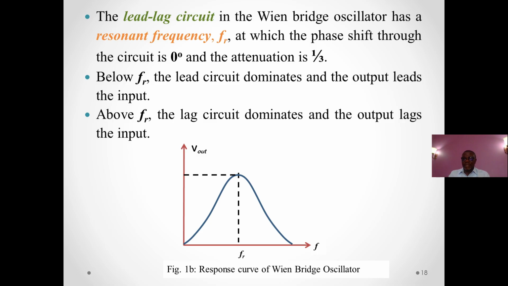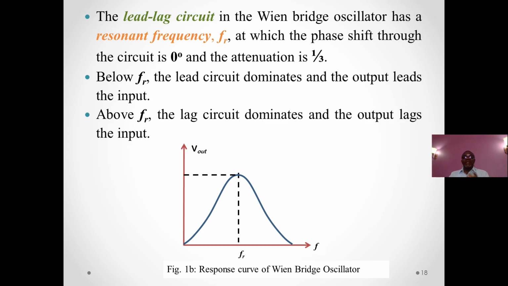The R1 and R2 are the voltage divider network, but in the lead lag circuit, we used R3 and R4. So it is the function of R3 and R4, C1 and C2 that gives rise to this, because they are the resistors and capacitors in the lead lag circuit.